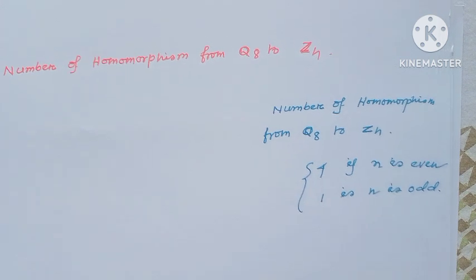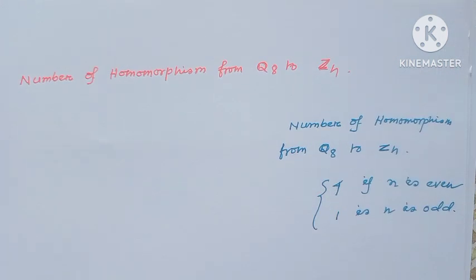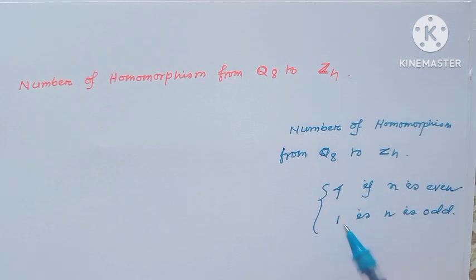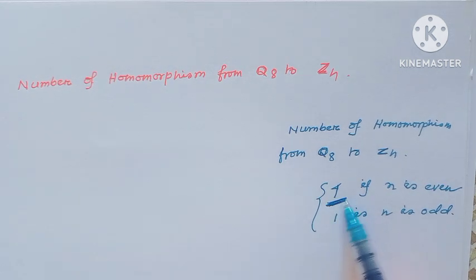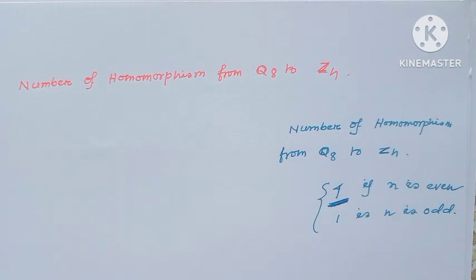This is the shortcut trick, but I will show how. Why is the number of homomorphisms from Q8 to Zn equal to 4 when n is even? And when n is odd, why is it 1? I will also show this.